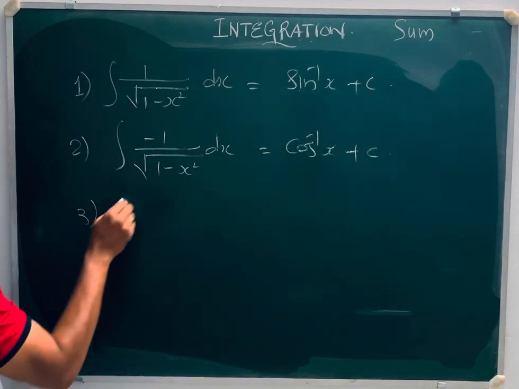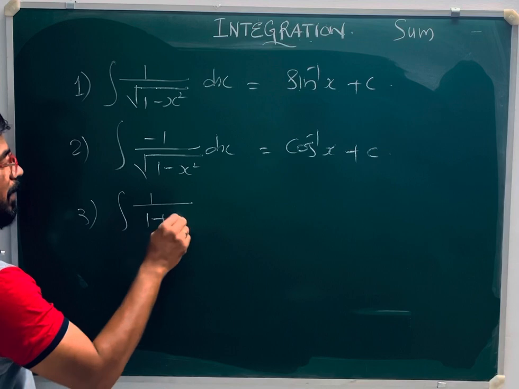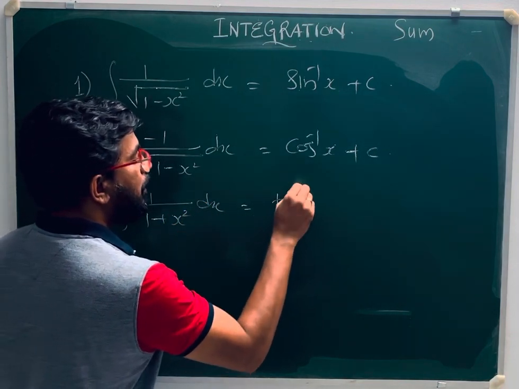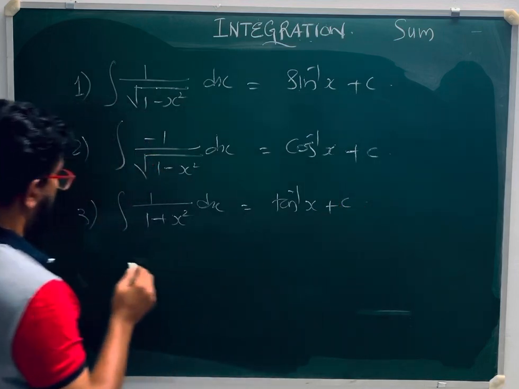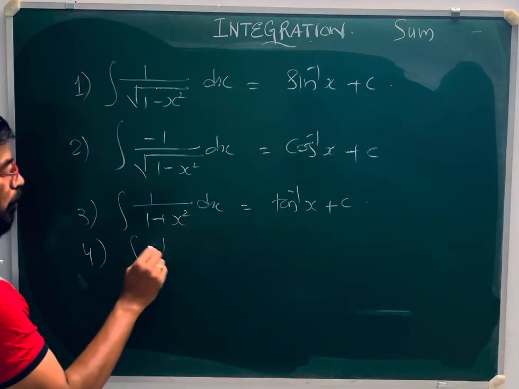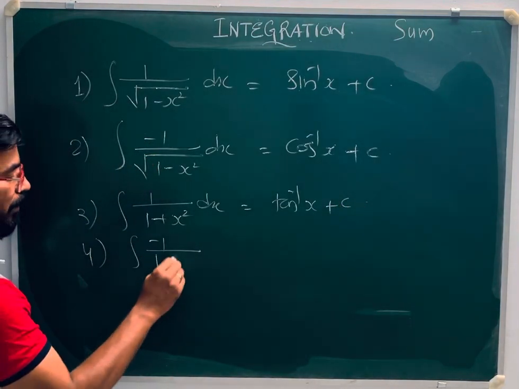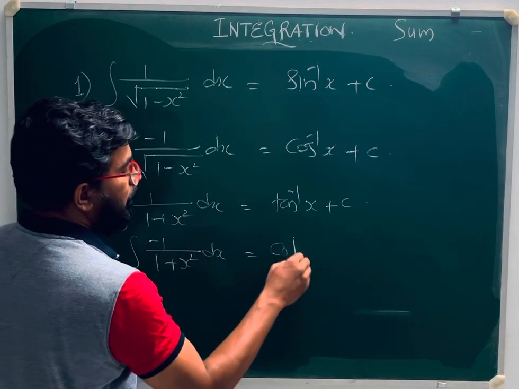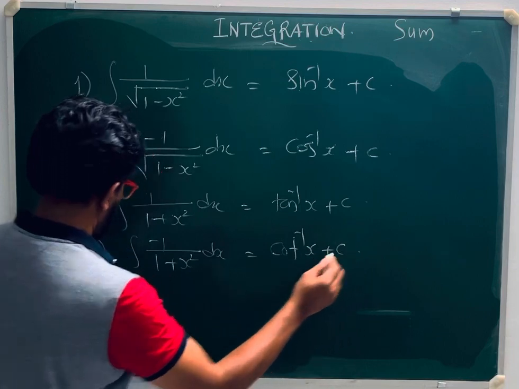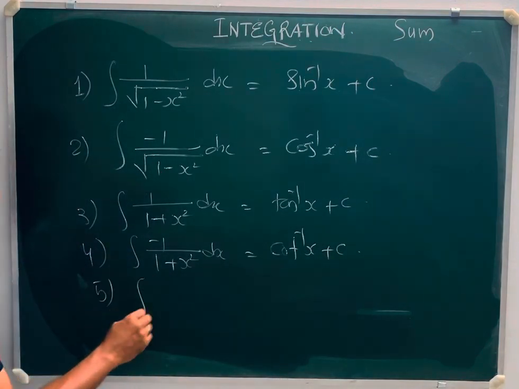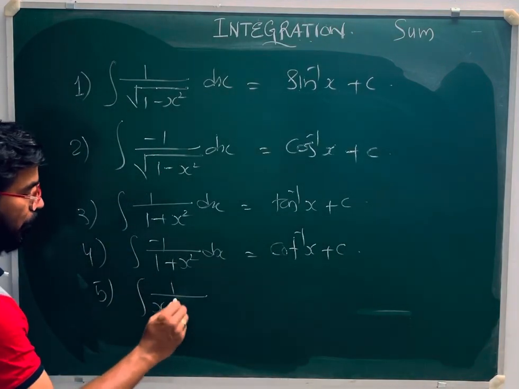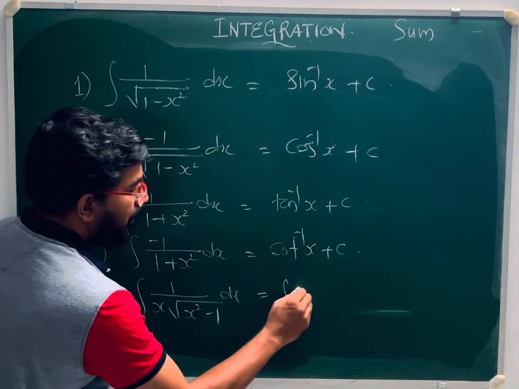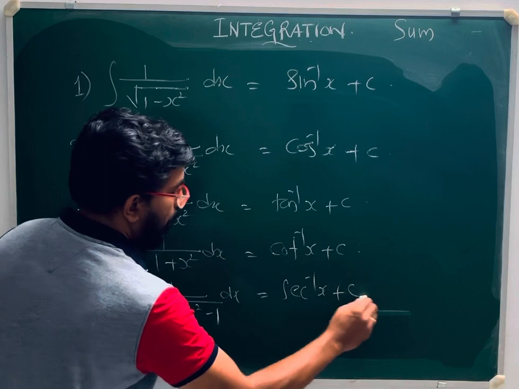Third one, integral 1 by 1 plus x square dx, which is equal to tan inverse x plus c. Fourth one, integral minus 1 by 1 plus x square dx, which is equal to cot inverse x plus c. And fifth one, integral 1 by x into root of x square minus 1 dx. This is sec inverse x plus c.